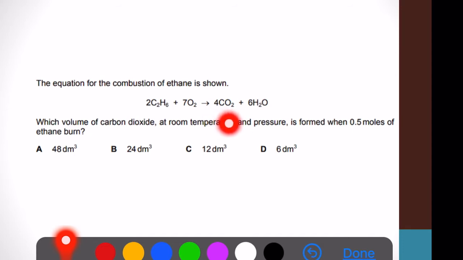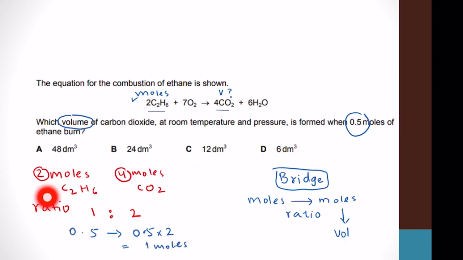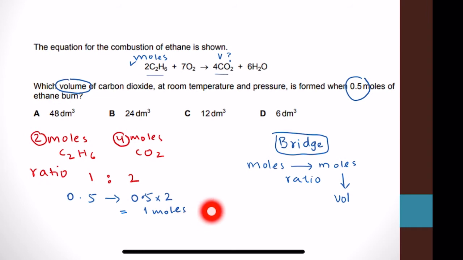So 1 mole of carbon dioxide, then you will change it into volume by using the formula. Let's see the formula. So here 2 moles of ethane produce 4 moles of carbon dioxide. The ratio is 1:2. 0.5 will produce 1 mole of carbon dioxide. So we have already calculated the moles of carbon dioxide.